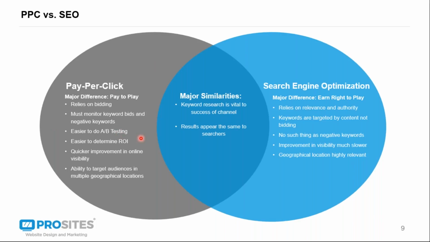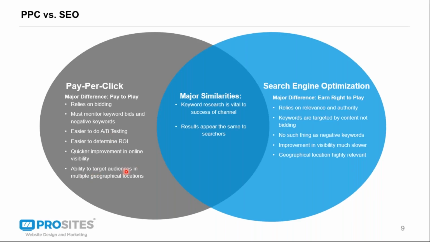It's a lot easier to do A/B testing with pay-per-click because you can see results almost instantaneously when compared to search engine optimization. And it's a lot easier to determine ROI because Google will give you more information on how your ads are performing. It's also quicker to improve your online visibility because, again, you are paying rather than earning your results or your authority.